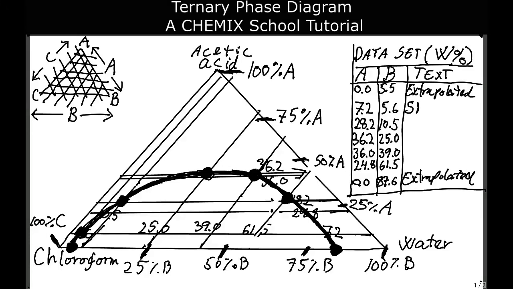If we want to label our symbols, simply add text to the data set entries. In this example, we use S1, S2, S3, S4, and S5, representing samples or solutions. We can also label our 1 and 2 phase regions.